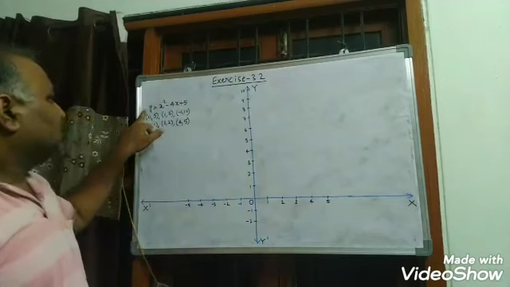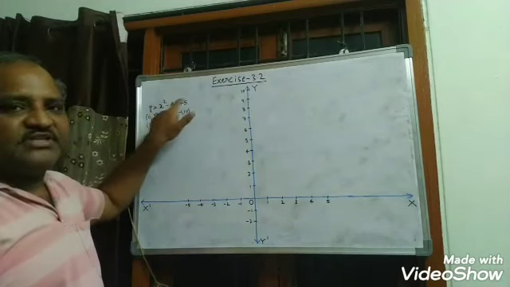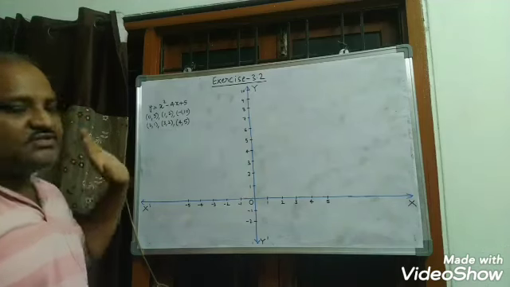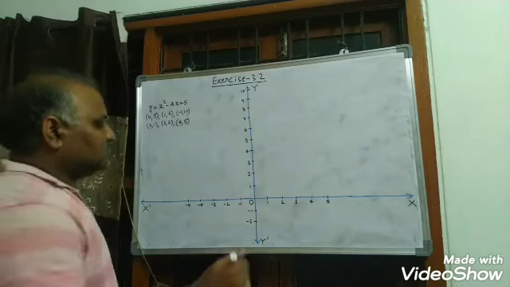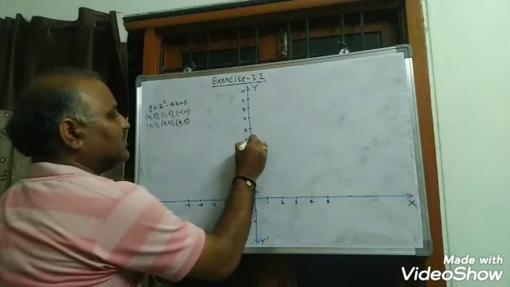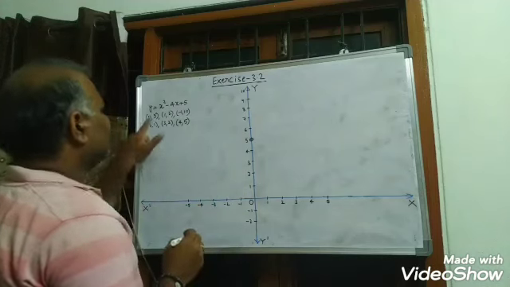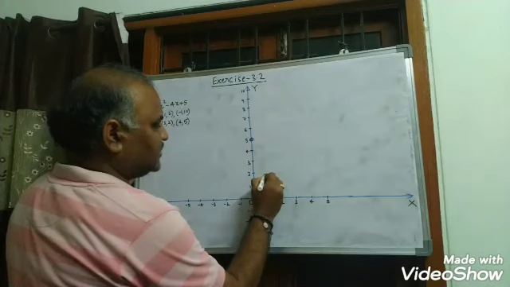So here this is the equation, y equal to x square minus 4x plus 5, and these are the ordered pairs which we need to plot now. So (0, 5), 0 on x axis, 5 on y axis. This is the first point. (1, 2), 1 on x axis, 2 on y axis.